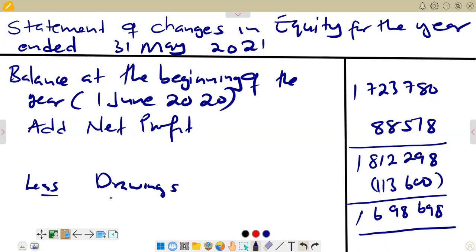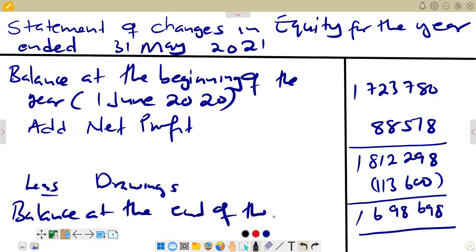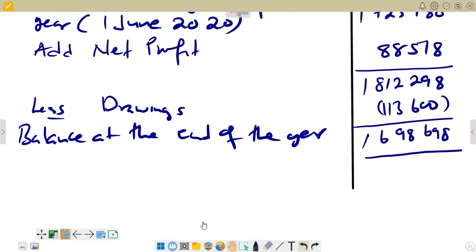So here on the description, we can just say our balance at the end of the year. So this balance at the end of the year now represents our closing capital.